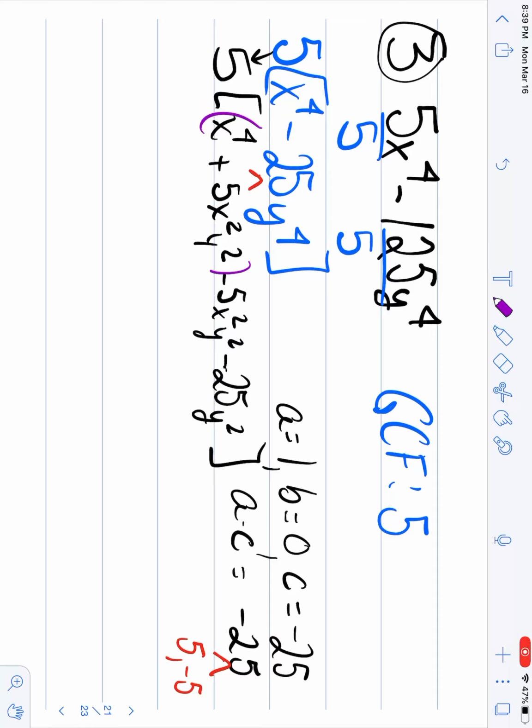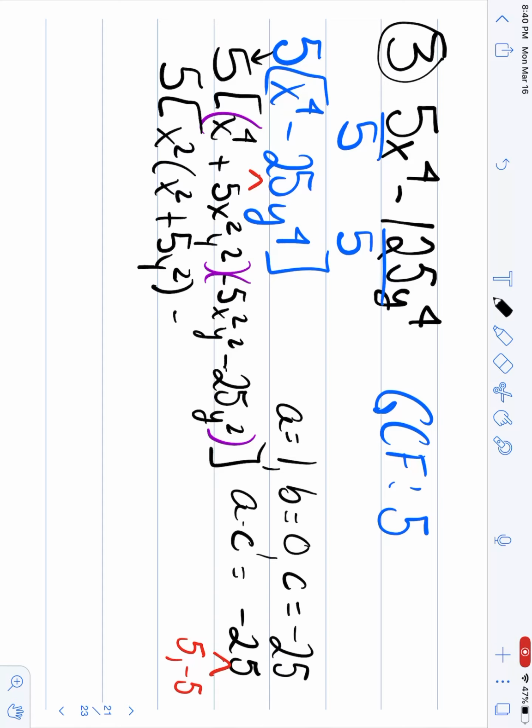Okay, we're going to group them together. So group and group, like that. And we're going to bring down the 5 and the bracket. Pull out an x squared, because that's the GCF of that group. And left over is x squared plus 5y squared.